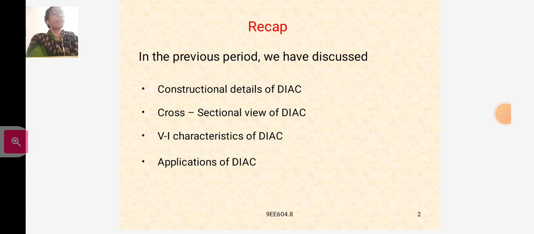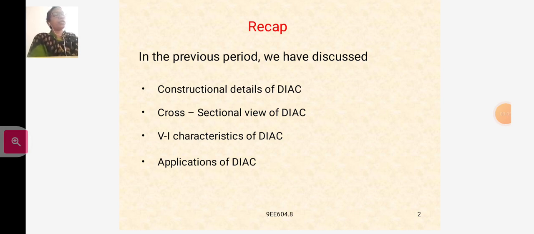When T2 is positive with respect to T1, the PN' layers start conducting when the voltage of T2 is more than the breakover voltage VBO2. In both cases, the currents during the blocking regions are very small and are called leakage currents.